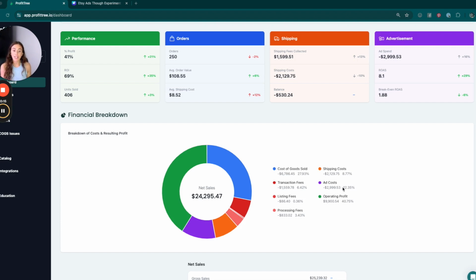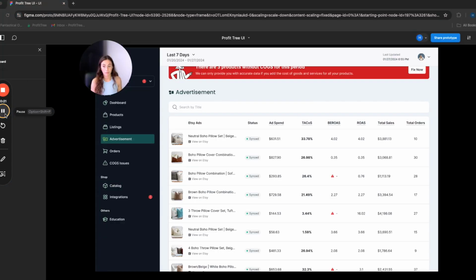And this metric is not something that we actually made up. This is an actual known term in the ads world. And so, what Profitry is launching next month is a new advertisement tab where we give you exactly that. In this column, we have something called TACOS, which is essentially your ad cost percentage.